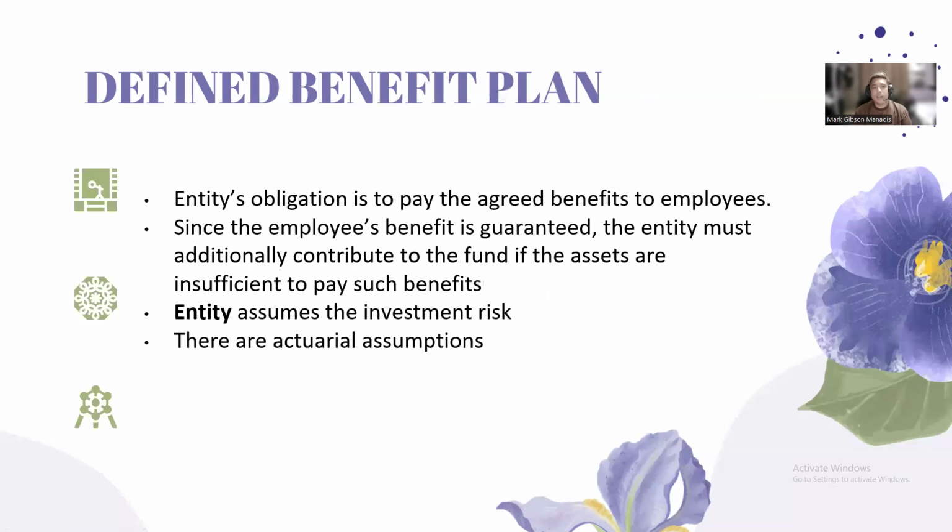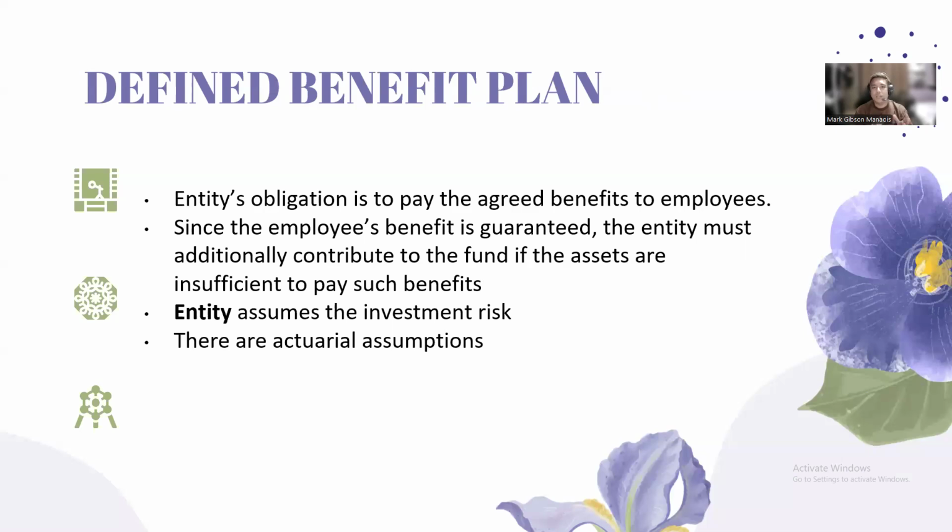Now, on the other hand, defined benefit plan, this is where the entity's obligation is to pay the agreed benefits to employees. And since the employee's benefit is guaranteed, the entity must additionally contribute to the fund if the assets are insufficient to pay such benefits.